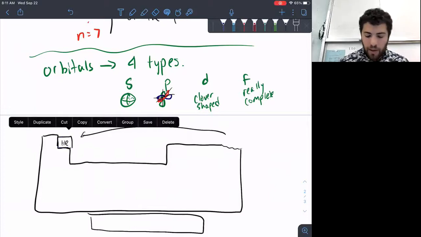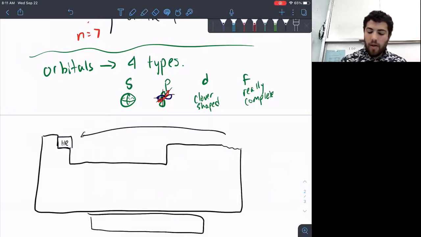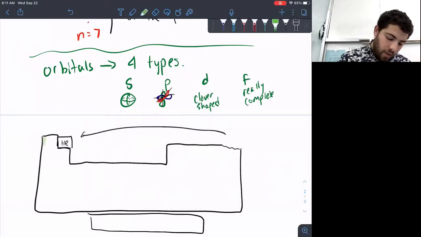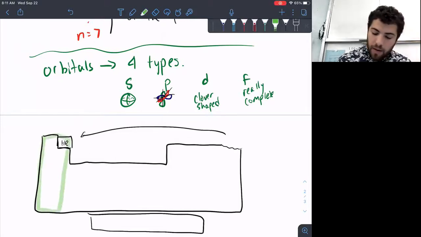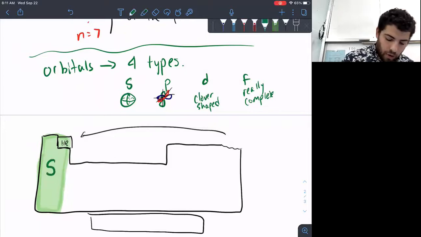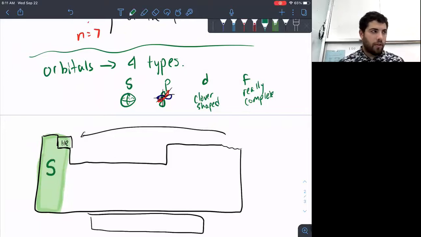All right, we put helium where it's supposed to be, right there. Because helium has s orbitals only, we can classify this whole section as the s orbital area. This will make a little more sense in a second.